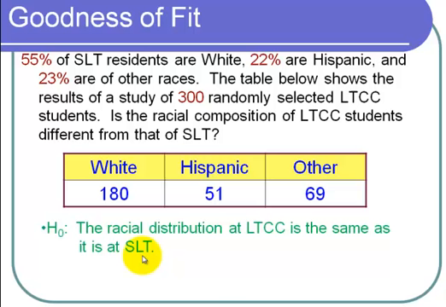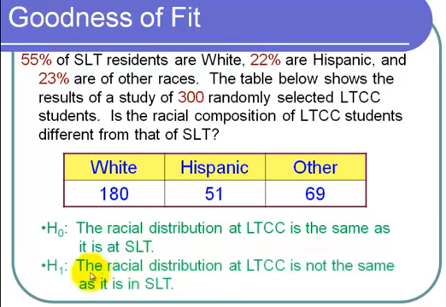H1 is the racial distribution at LTCC is not the same as it is in South Lake Tahoe. So notice some key words in both H0 and H1. The word distribution always has to be there when you're doing a goodness of fit test. Also, H0 is always the distribution is the same as what's expected, and H1 is that it's not the same as what's expected. So that's H0 and H1.